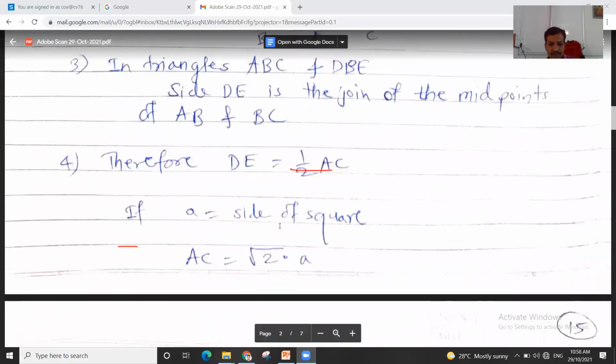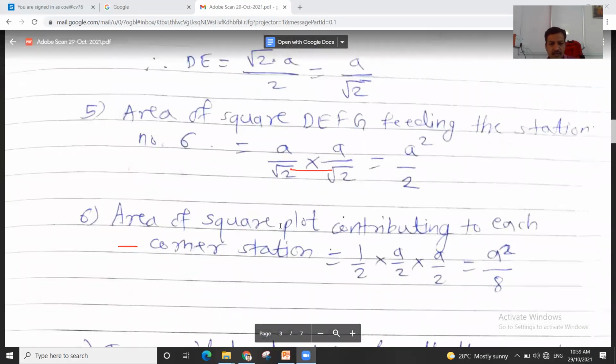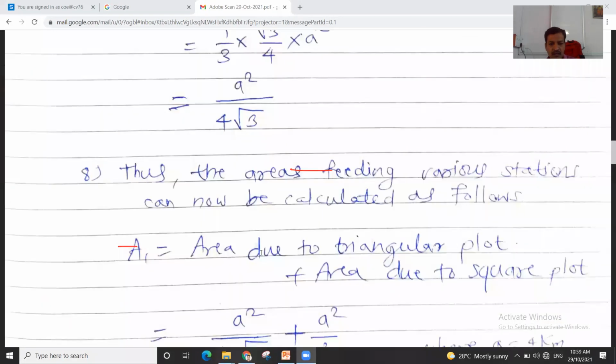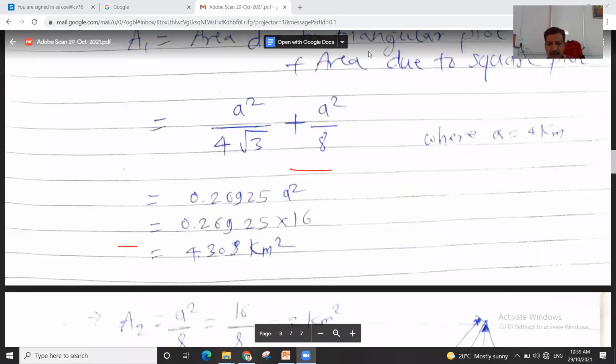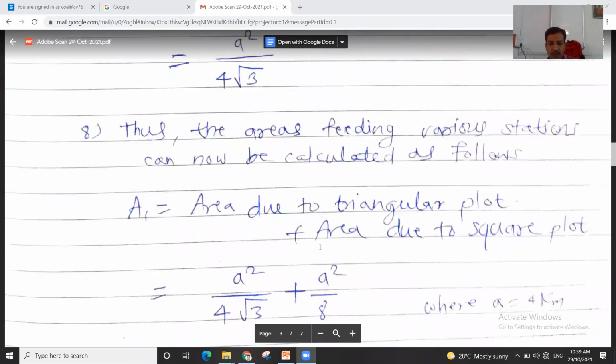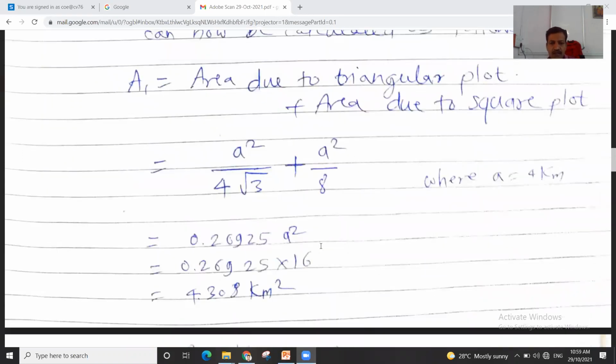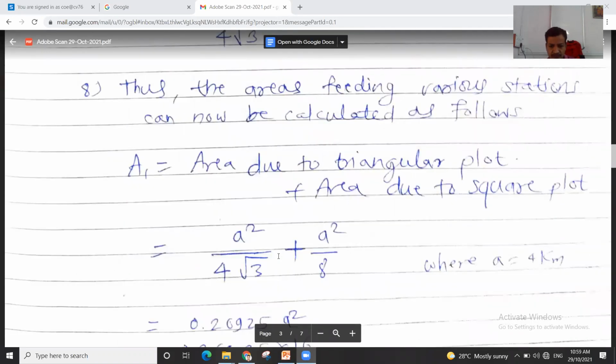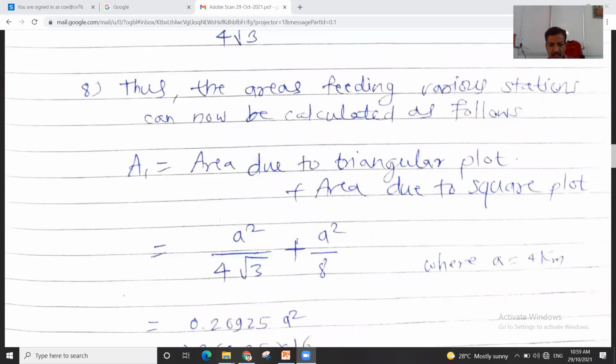So here A1 काढलेला आहे. A1 is the area of triangular plot plus area due to square plot. So it's addition. Okay. So A1, area due to triangular plot.